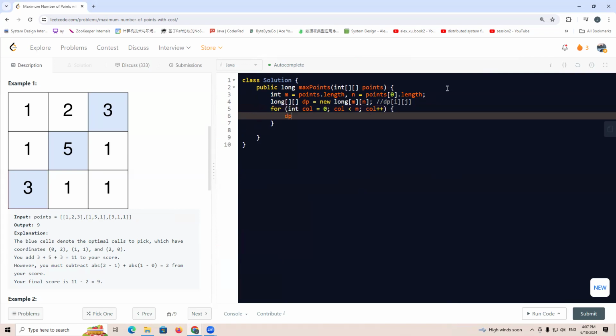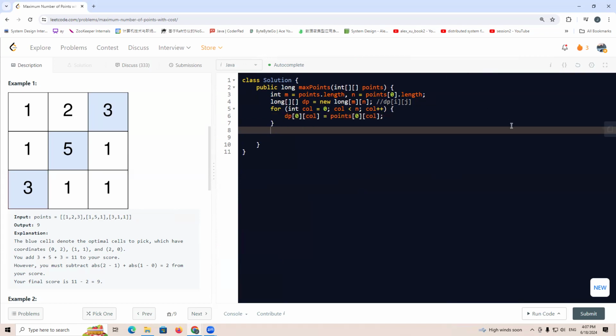So we are going to have dp first row column should be points 0. And then we are going to iterate the rows, right? For int row equals 1, row smaller than m, row plus plus, right?